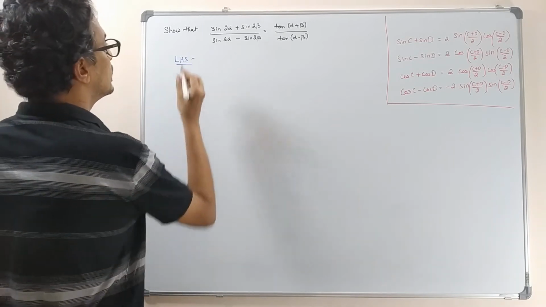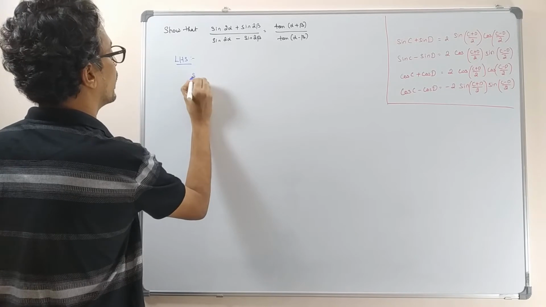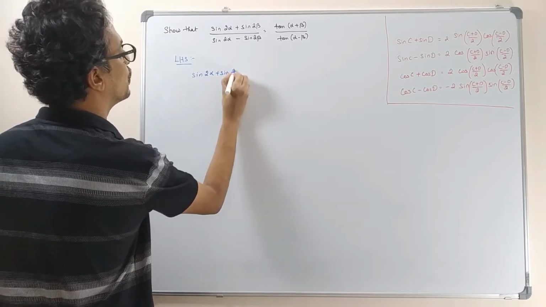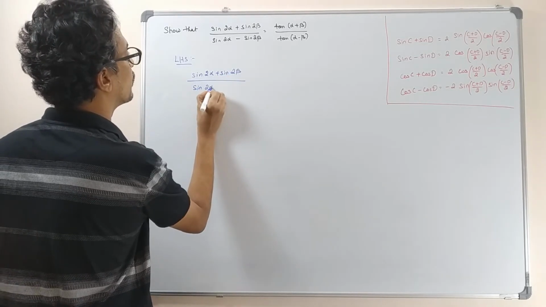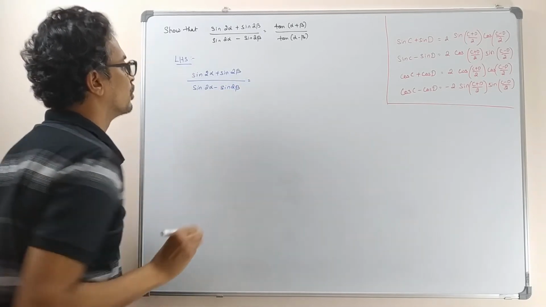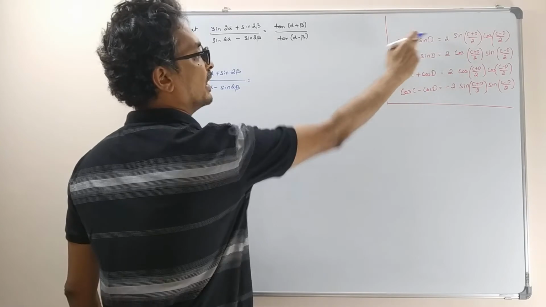So what is the LHS? Let us do sin 2 alpha plus sin 2 beta divided by sin 2 alpha minus sin 2 beta, correct? So this will be equal to what? It is sin C plus sin D, correct?